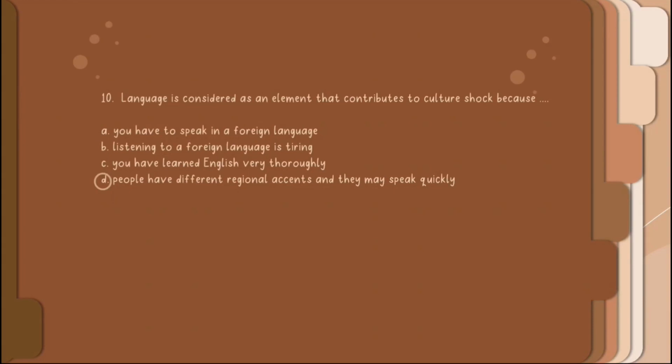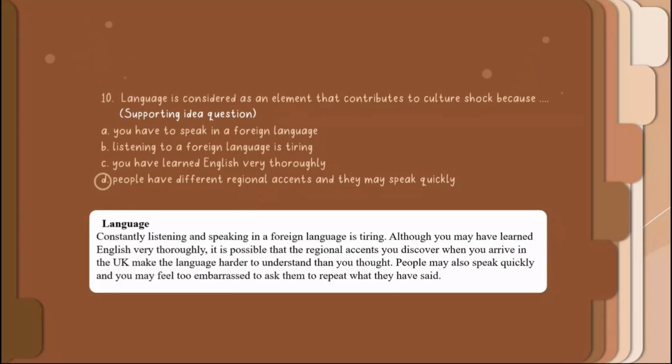This question is a supporting ideas question type. You can see in this passage right here, "The regional accents you discover when you arrive in the UK make the language harder to understand than you thought.